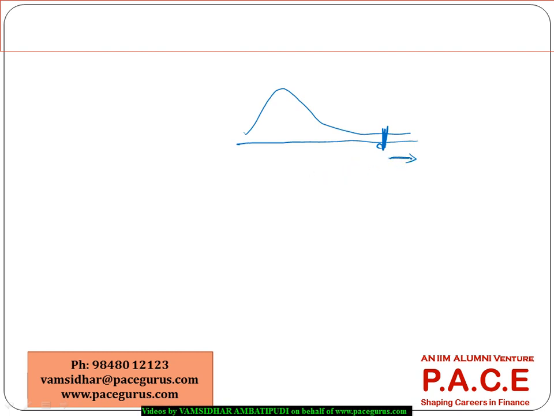Only if it is greater than the value. If it is lesser, on the other side, I'm not bothered much. Only if the test value is large do I conclude that the observed number of deaths is quite different from the expected number of deaths, which I calculated using the graduated rates.